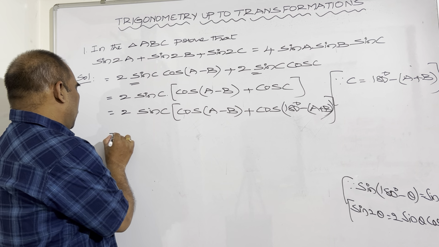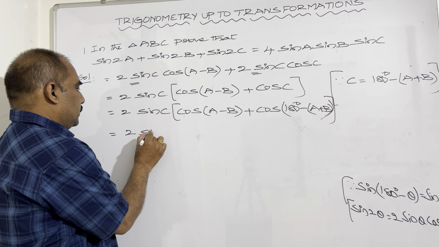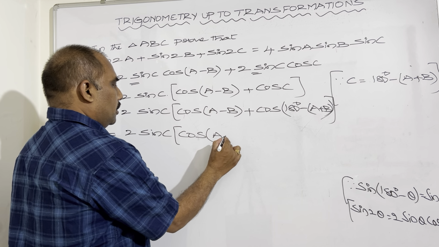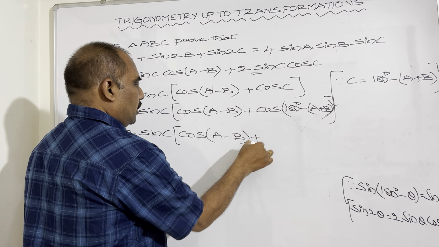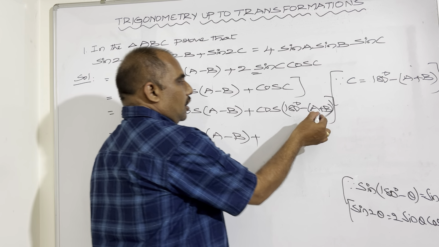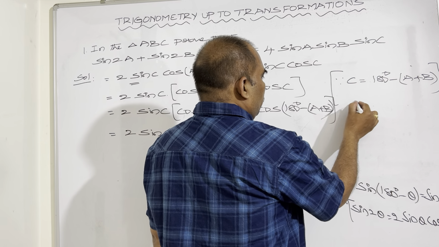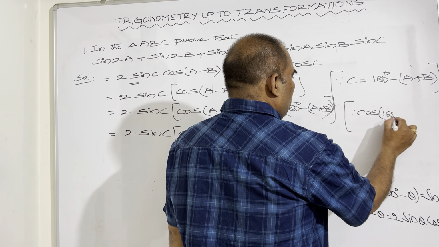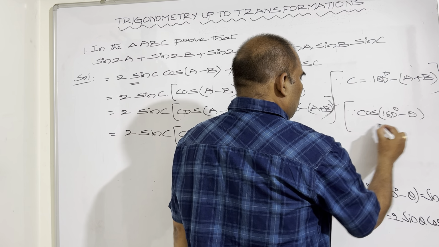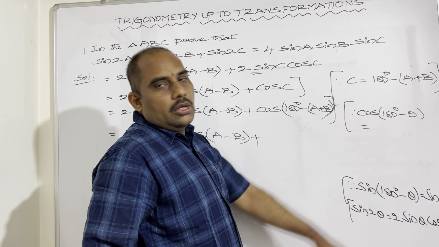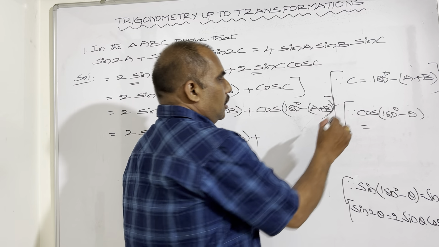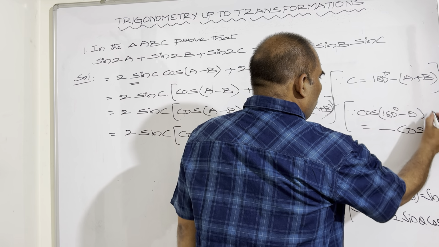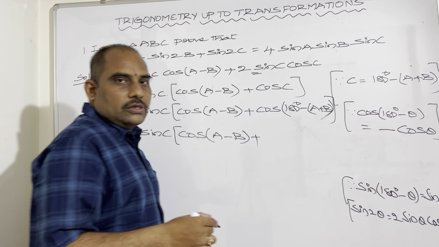So this is 2 sin C [cos(A - B) + cos(180 - theta)]. Already we have seen that sin(180 - theta) is sin theta, but cos(180 - theta) is minus cos theta, because in the second quadrant cos is negative.